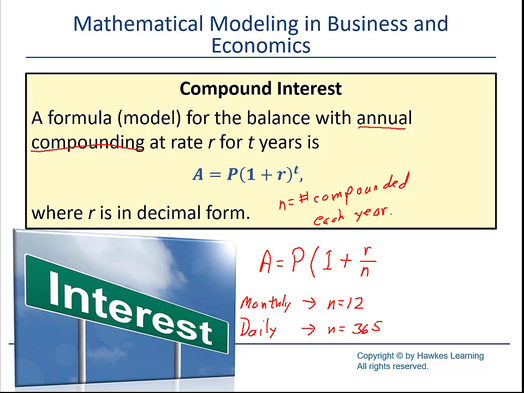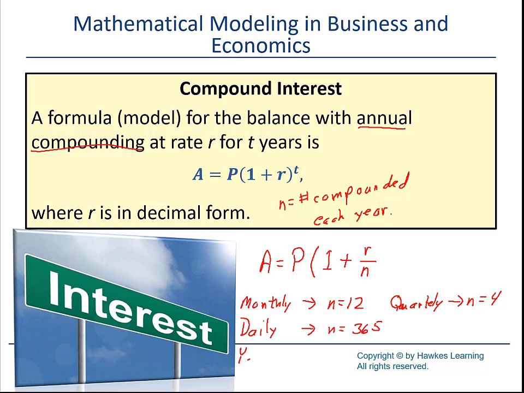I know it's 365.25. And if it's compounded quarterly, that means 4 times a year, and so on. You could even do it per hour, per second, whatever. Those are the most likely ones.